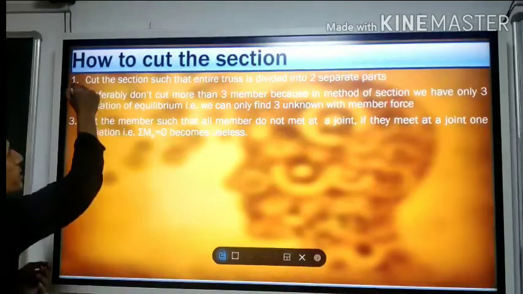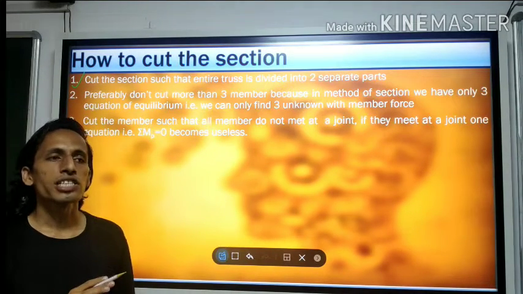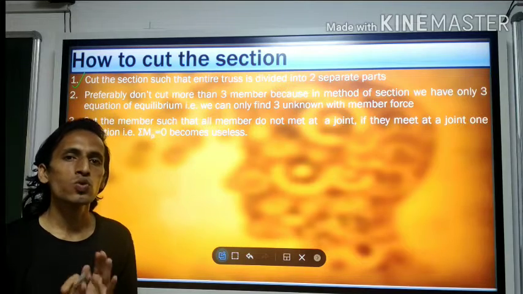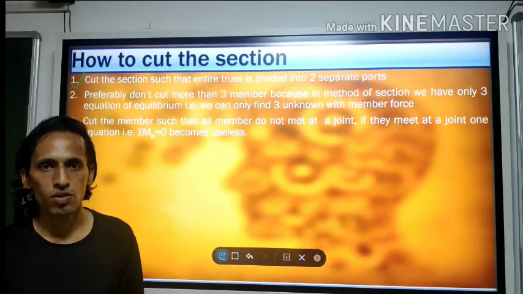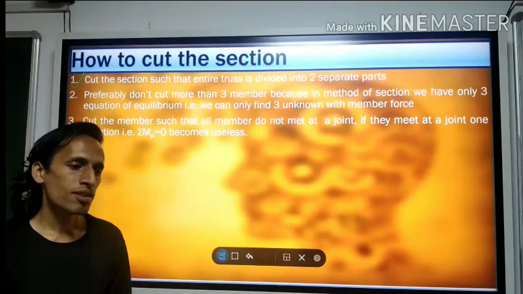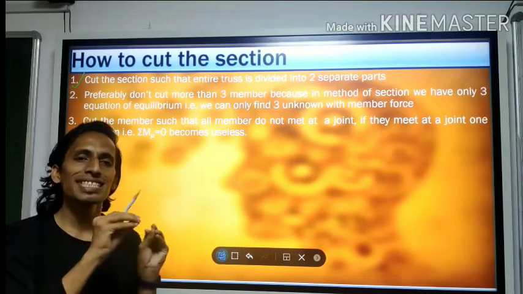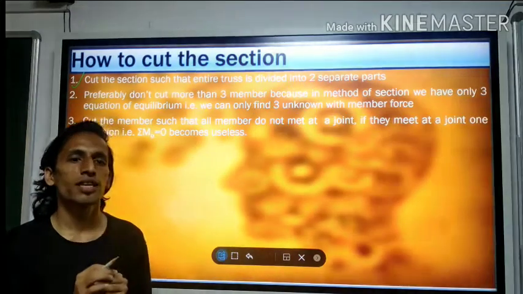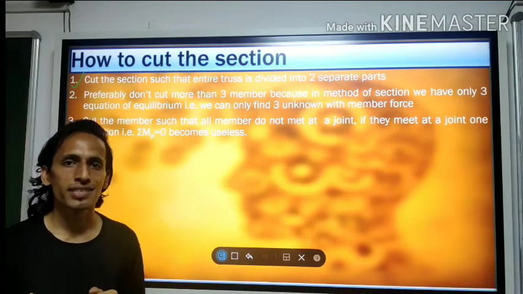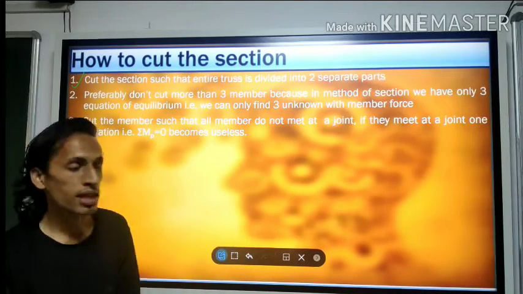The first thing is that you should cut the section such that the truss is cut into two separate halves. Do not cut the section such that there is completely one segment of the truss. Don't cut just one segment, it will be useless. So try to cut the truss in two halves.